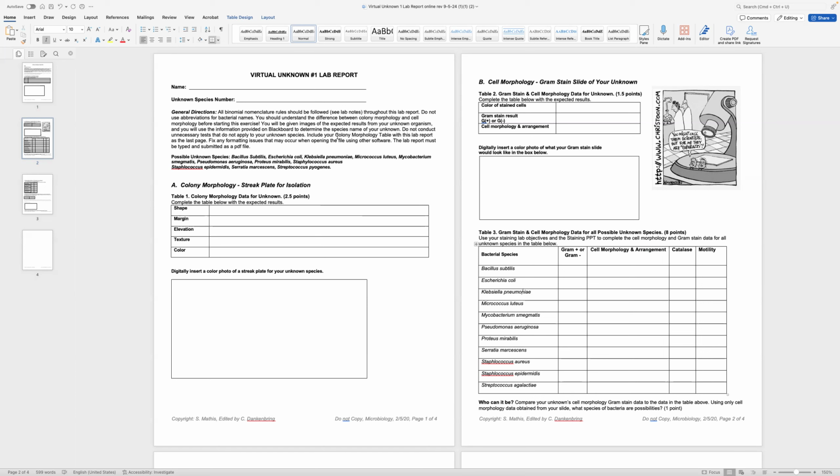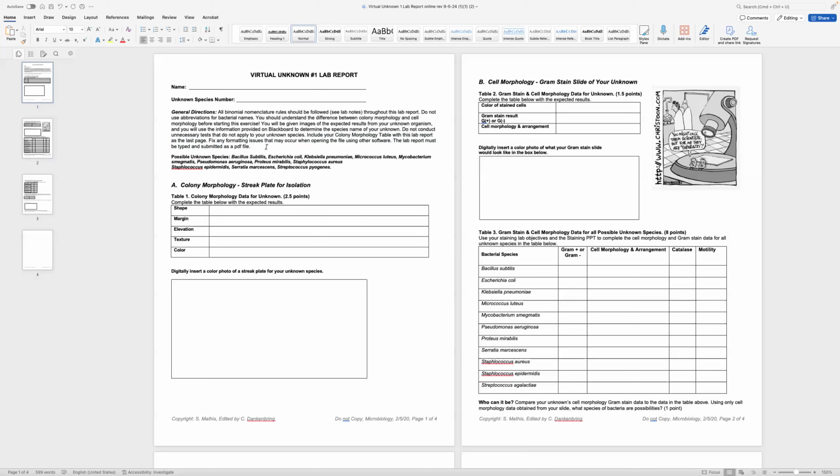You're going to get images, and you're going to use the information in Blackboard and in some of the data files that I'm going to show you to figure things out. The colonial morphology table, you don't have to do. I'm going to take that out for you.